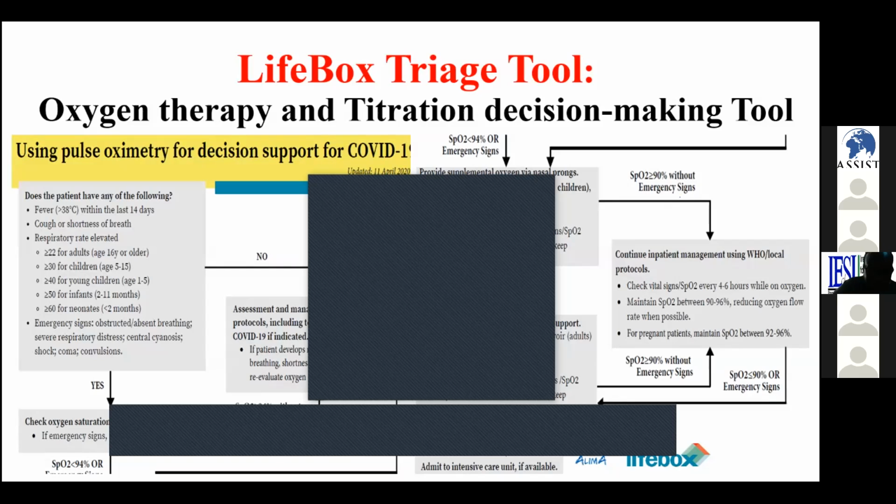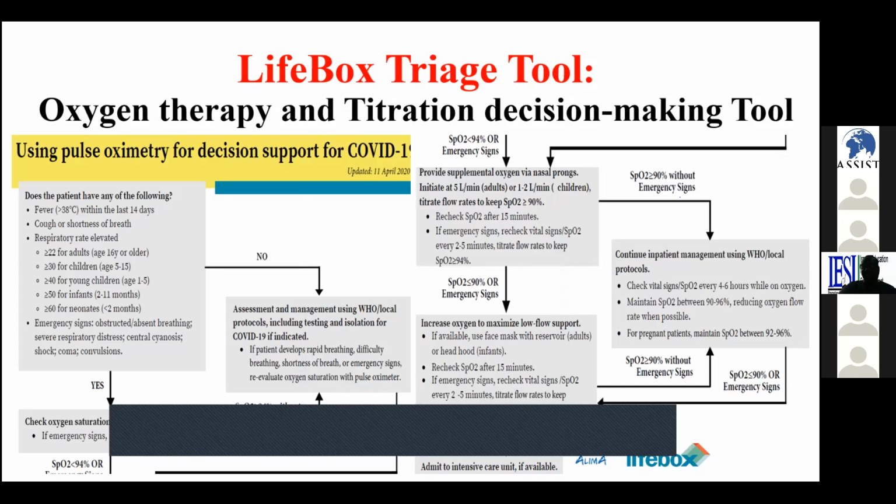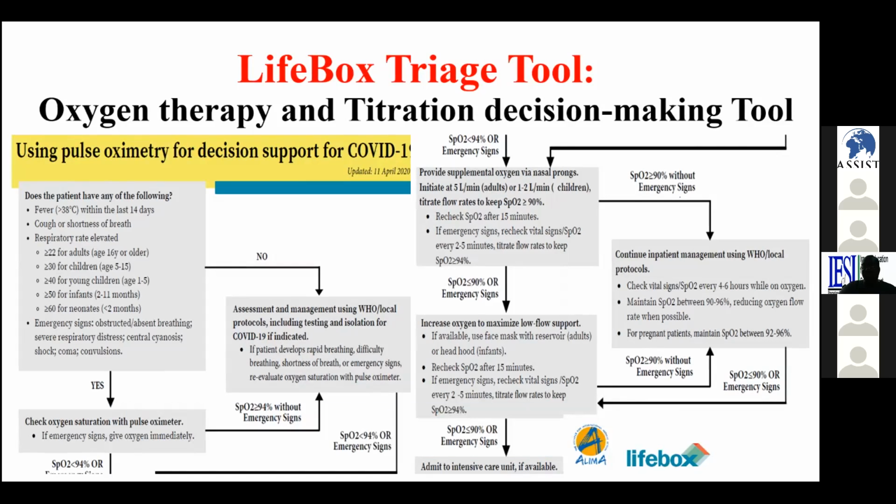Remember, in the previous step you put your patient on oxygen. After putting him on oxygen and he is still hypoxic, you will increase your oxygen. Then if your patient deteriorates or continues to have hypoxia, you will consider admission to ICU or HDU.